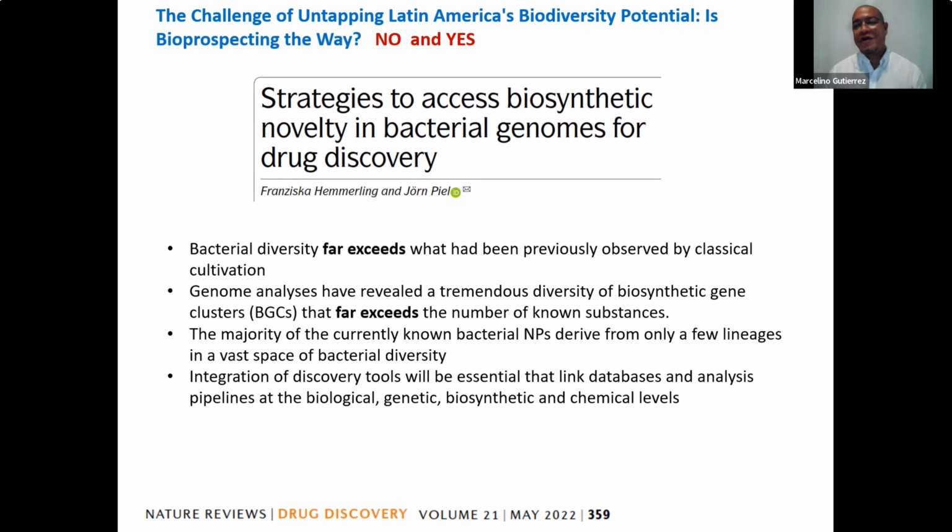And to support my big guess, I found this paper published very recently by the group of John Peel in Nature Reviews Drug Discovery. You can look at the reference, and they demonstrate that bacterial diversity far exceeds what has been previously observed by classical cultivation. Also, genome analysis has revealed a tremendous diversity of biosynthetic gene clusters that far exceeds the number of known substances.